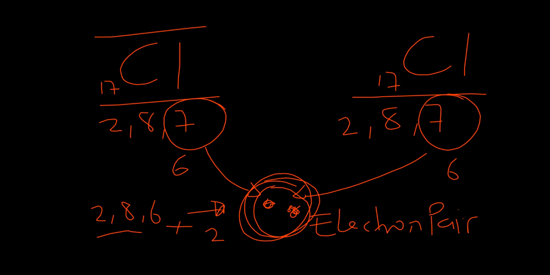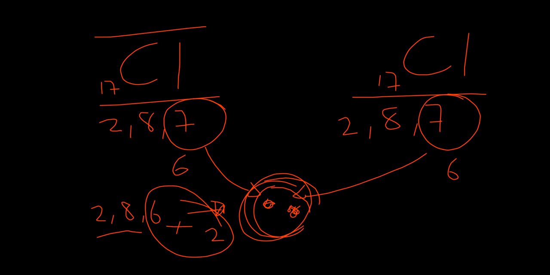So this satisfies the octet rule. In the case of the second chlorine, you are left with 6 electrons, so the configuration is 2, 8, and 6.